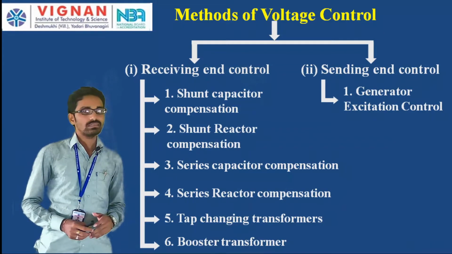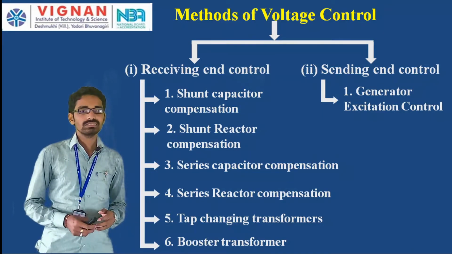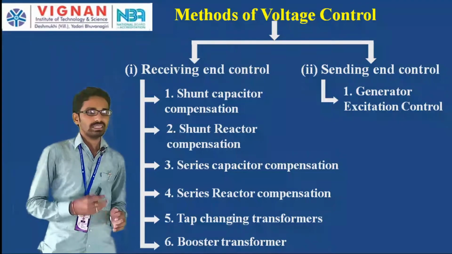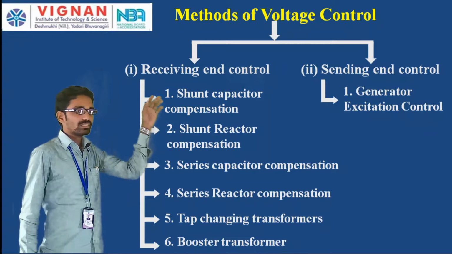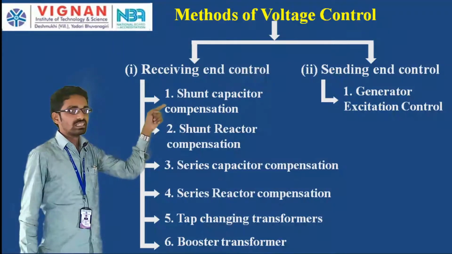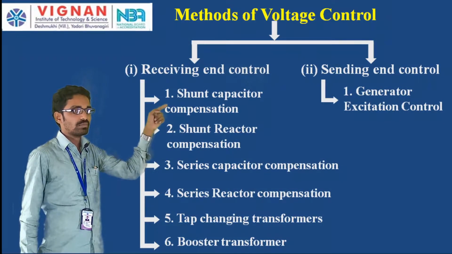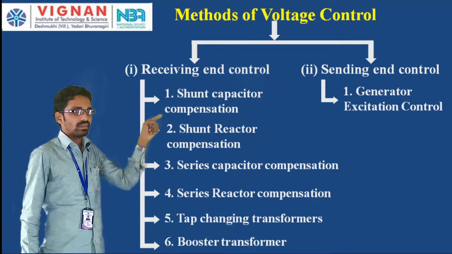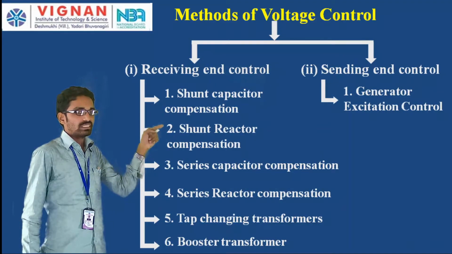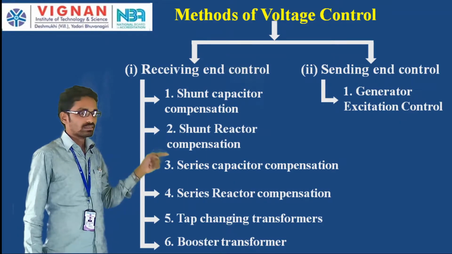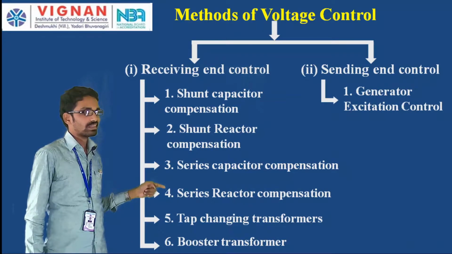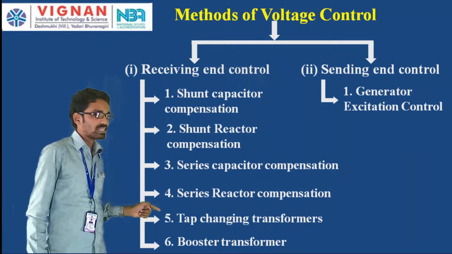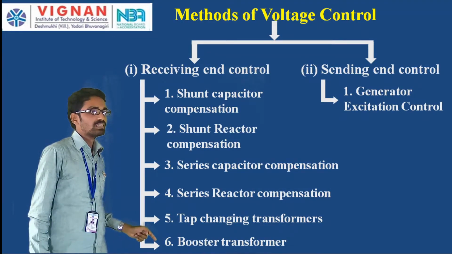If you consider the receiving end voltage control, there are 6 methods. The first one is shunt capacitor compensation, next one is shunt reactor compensation, the third one is series capacitor compensation, the fourth one is series reactor compensation, the fifth one is tap changing transformer, and the last one is booster transformer.